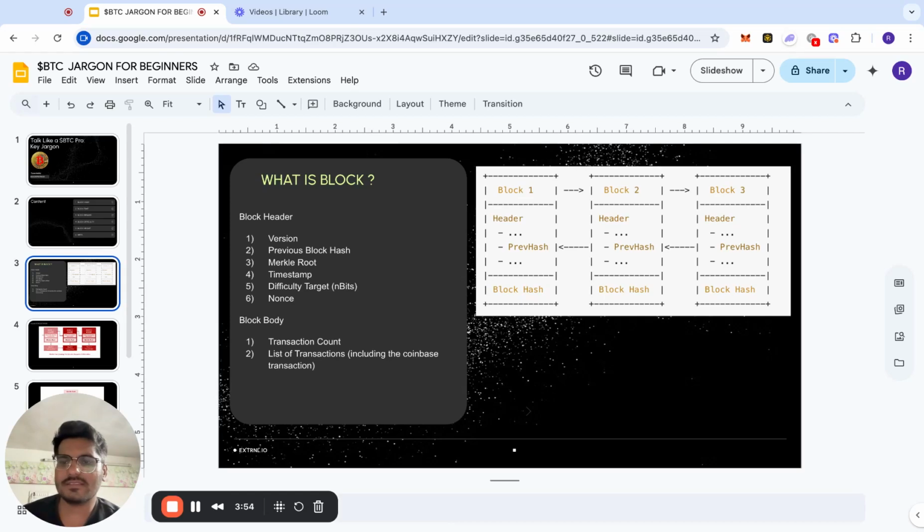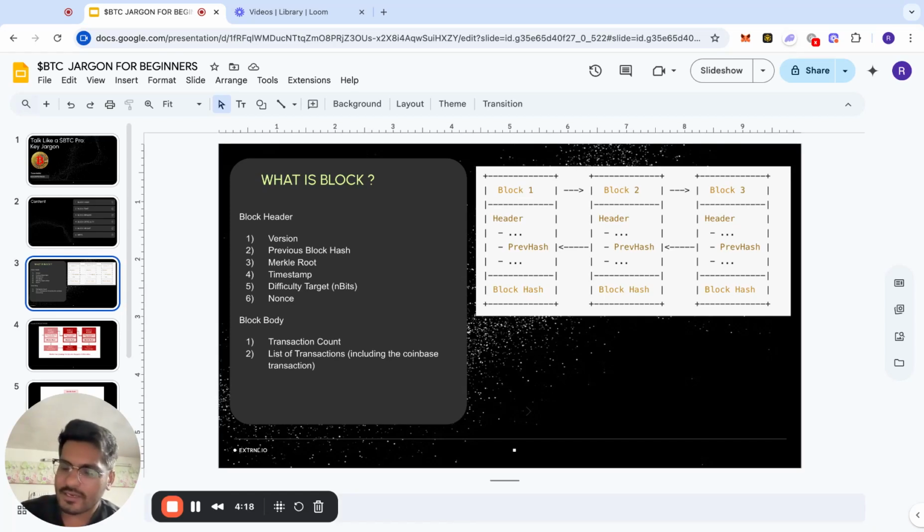Suppose my difficulty target is 1 billion. Whenever you decode that hash, the value should always be less than 1 billion. If it is more than 1 billion, the nodes will not accept that block and will not add it to the corresponding chain.